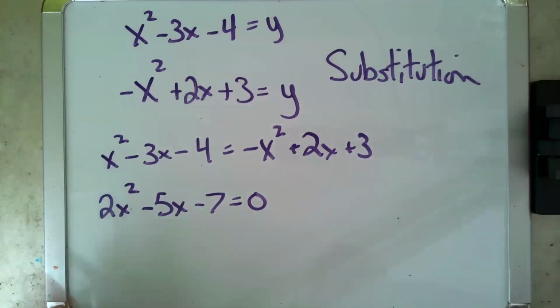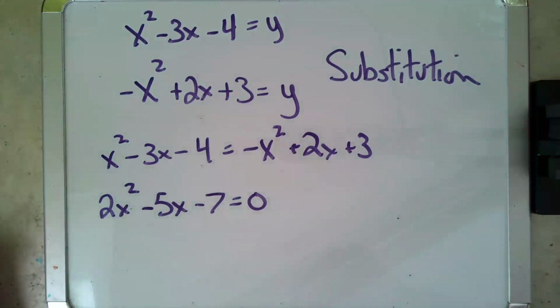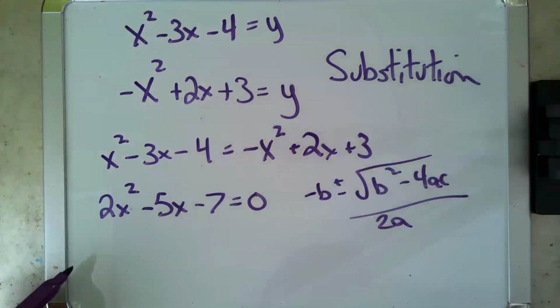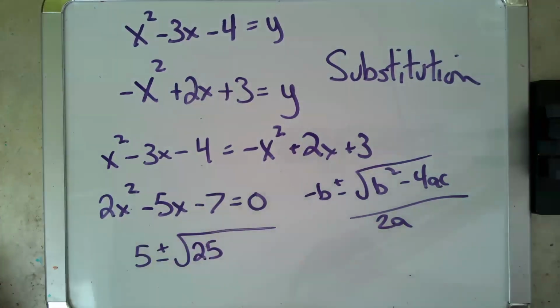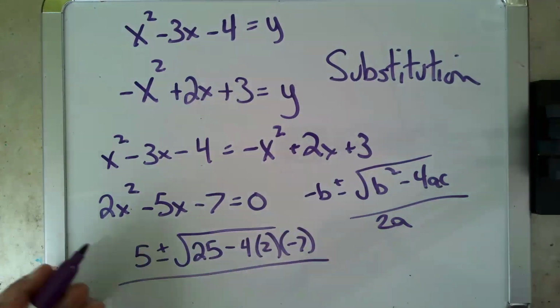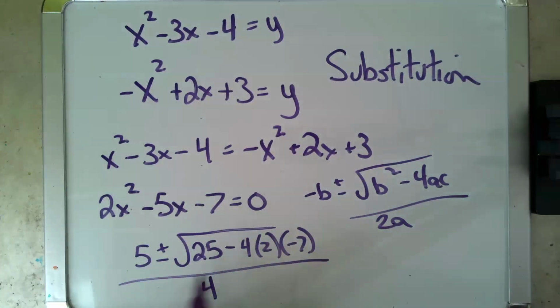And once again, I'm looking at something kind of ugly. I'm going to jump straight to my quadratic formula. All right, here we go. Negative b, negative 5, plus or minus the square root of b squared, that's 25, minus 4ac, all over 2a. Okay, great.